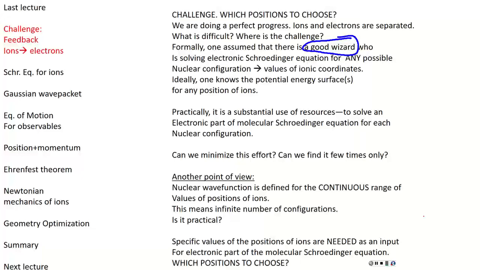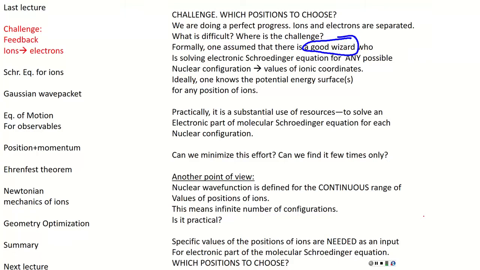It's just text, you can skip it. But if you already have two sets of equations, the Schrödinger equation for the electronic part and Newton's equation for the nuclear part, then in order to make a connection between them, in order to solve the Newton equation of motion for atomic positions, we need to know forces between all atoms at each interatomic distance, at each step of either optimization or molecular dynamics.